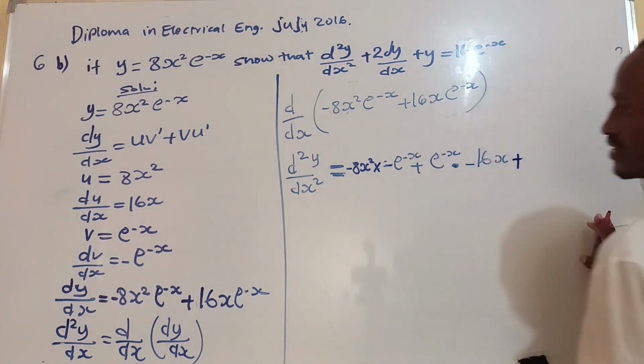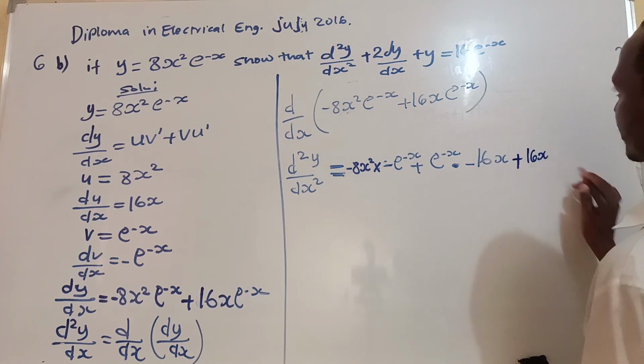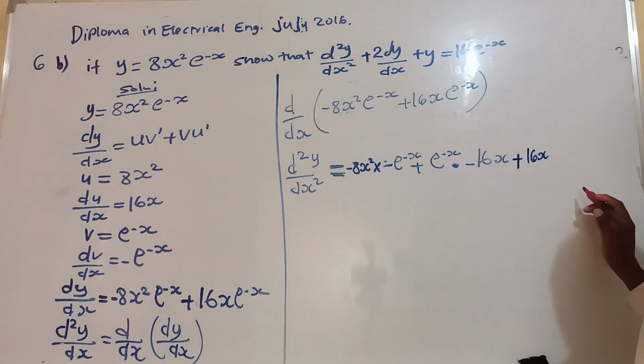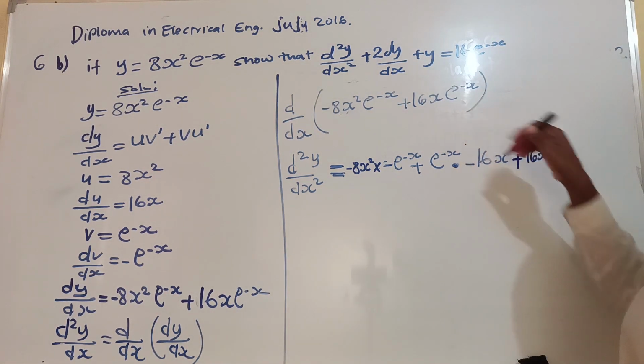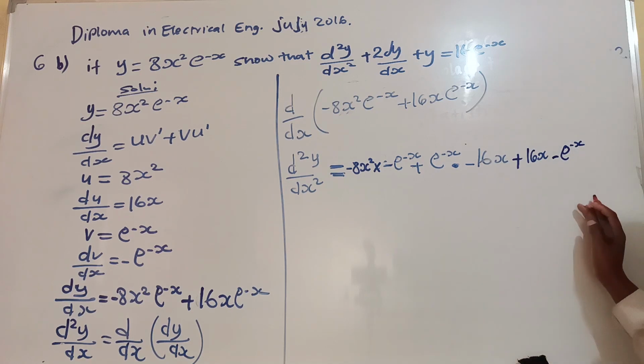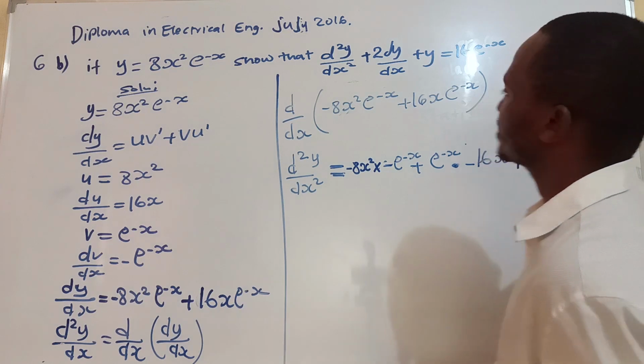I'll use product rule again. I'll take u, which is 16x, and differentiate v to get v prime. It will be a negative when you are differentiating this one, exponential negative x, plus v. What is our v in this case?